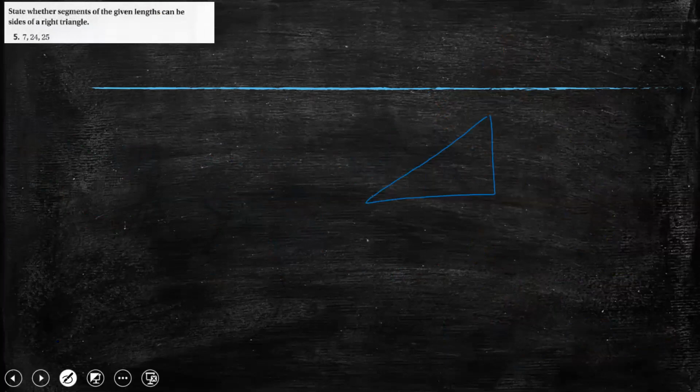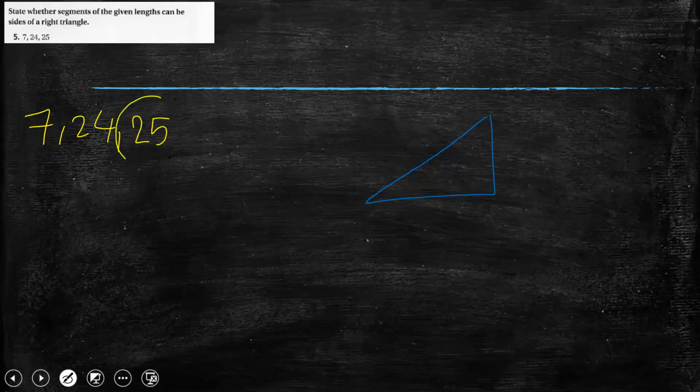Now, here we have 7, 24, and 25. Which is the greatest one? It's 25. So the greatest one will be the hypotenuse. Then the others will be the sides. Now, let's see if this is a right triangle or not.